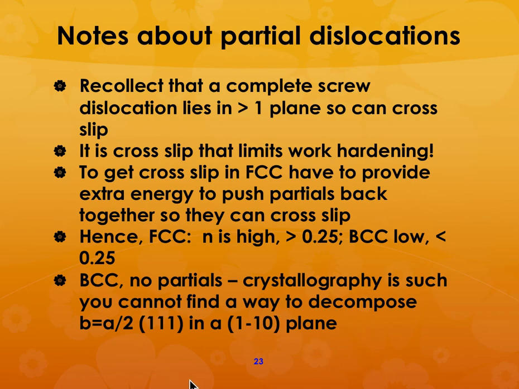Whereas in the case of FCC, it is very easy for you to deform because the work hardening coefficient is pretty high. So you can work harden and get the material to deform very easily.